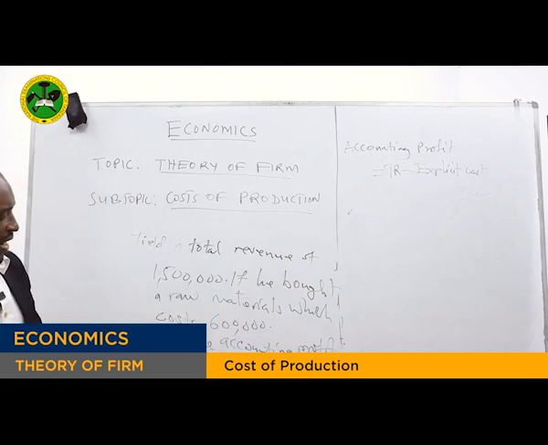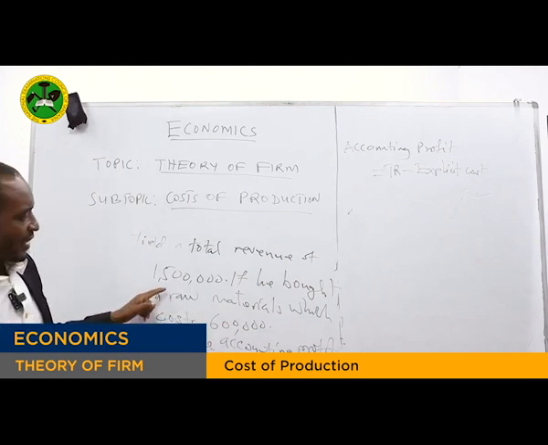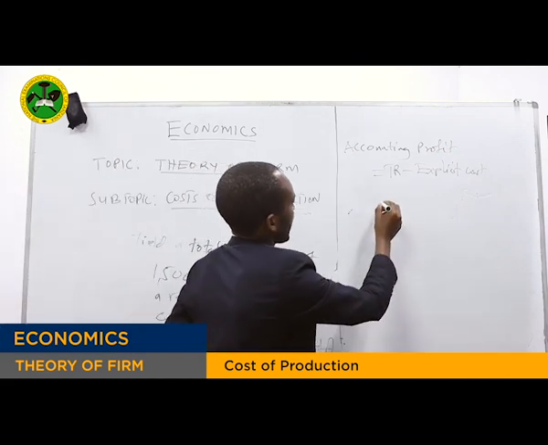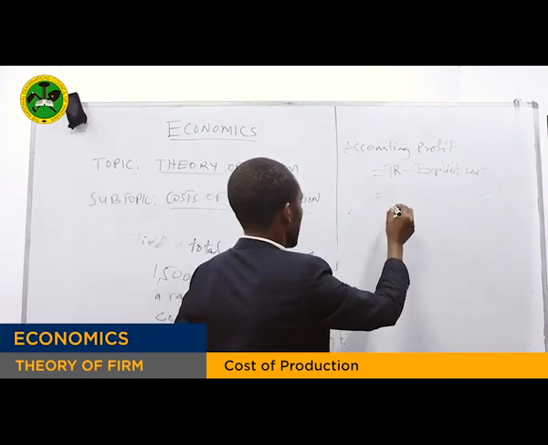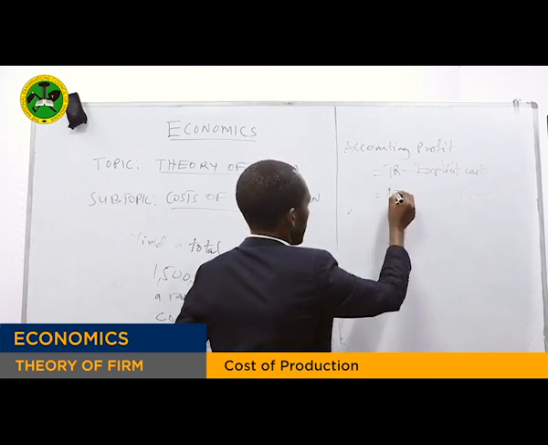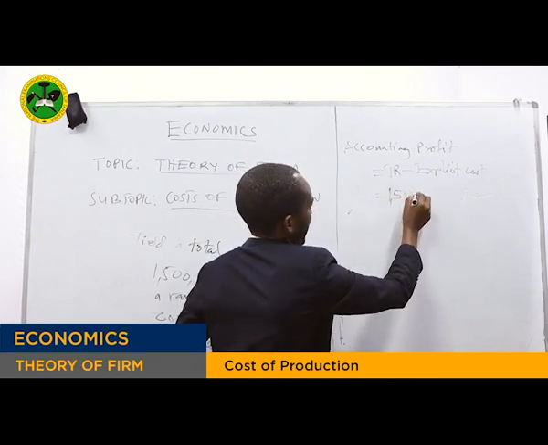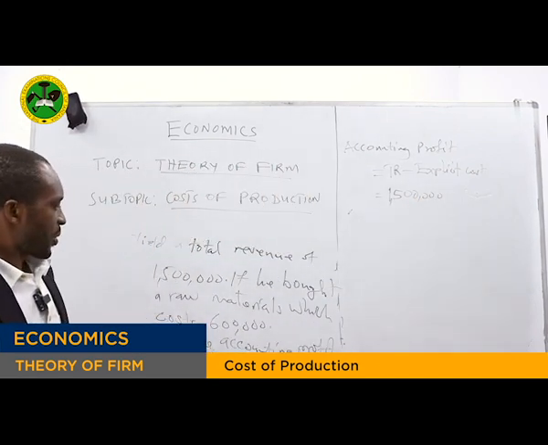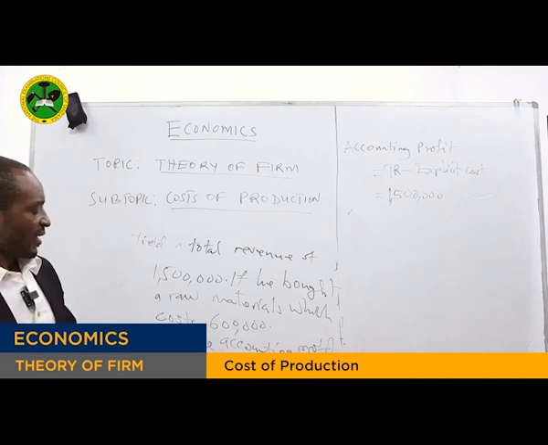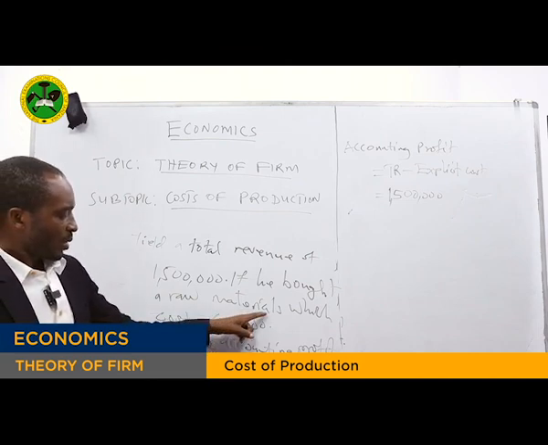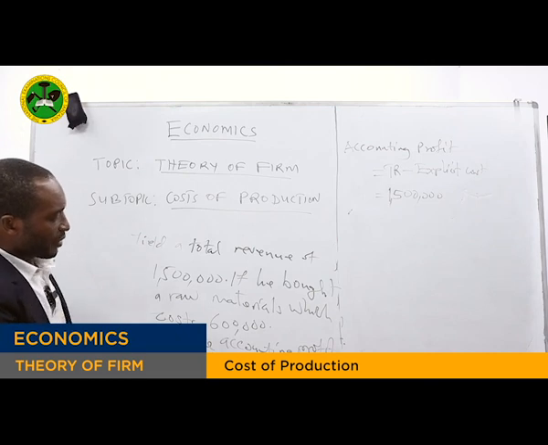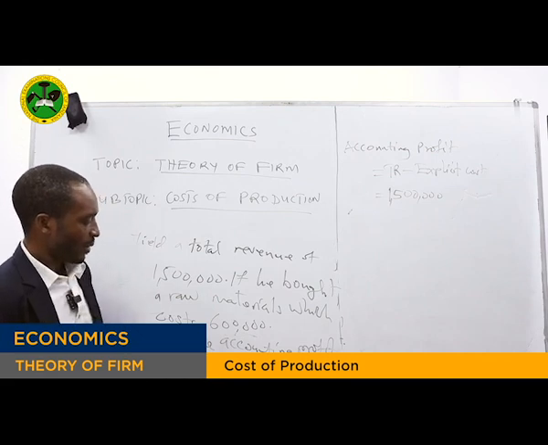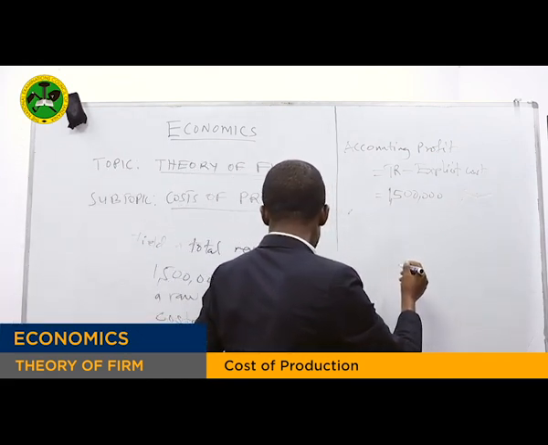So from our example, the total revenue is 1,500,000, and we are given the total explicit cost, the cost used to buy raw materials, which is 600,000.